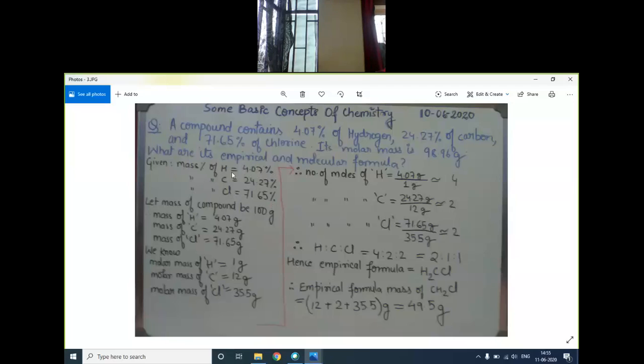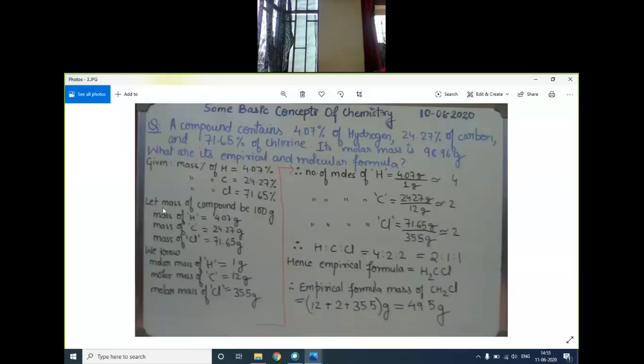As we know the meaning of percentage, we can easily tell that 4.07 gram of hydrogen is there in 100 gram of compound. Percentage means out of 100. So here 4.07 percentage means 4.07 gram of hydrogen is there in 100 gram of compound.